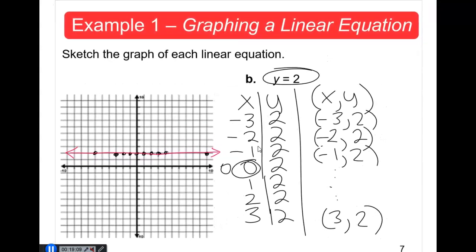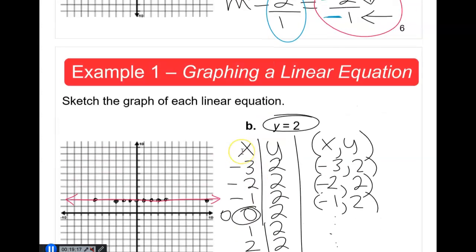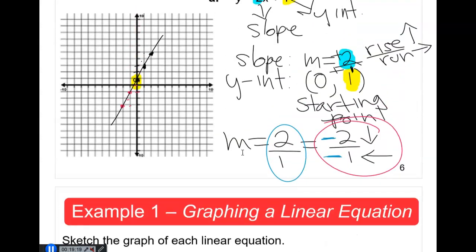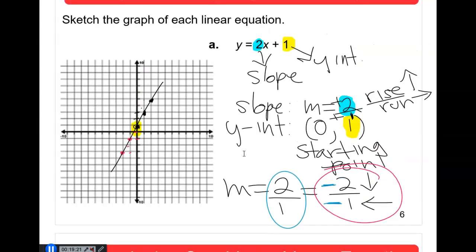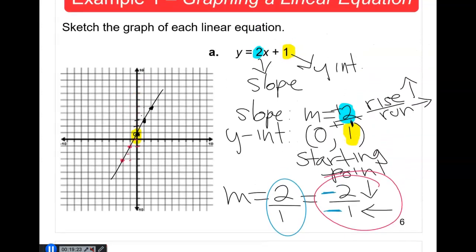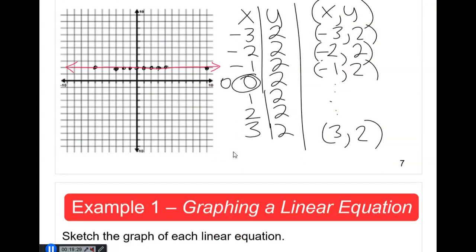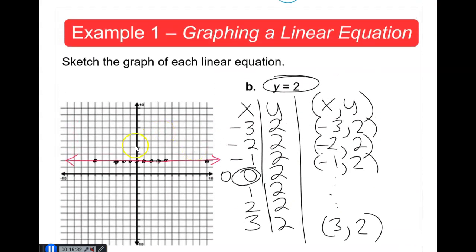The domain, the x values, the choices that we have for x values are infinitely many, from -infinity to +infinity. In fact, I should do the same for this graph. Draw some arrows at each end of the line. So there you have it. That is a linear equation. This one is a function, but we'll discuss later why.